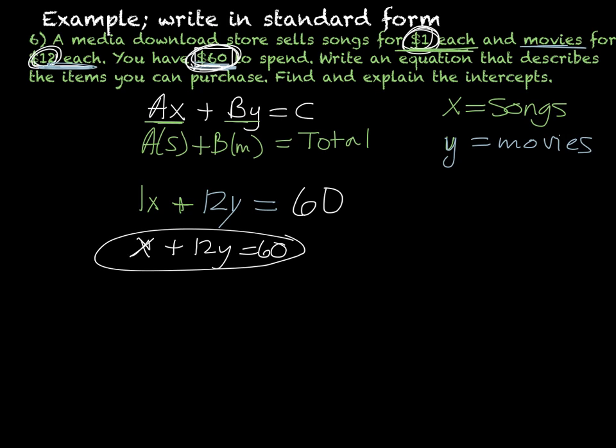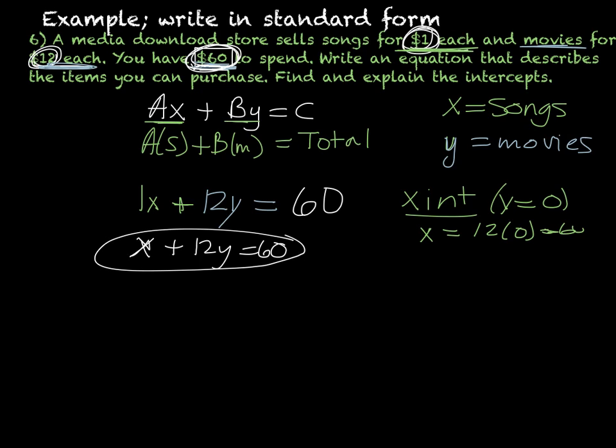So that's the first part. Now I have to explain the intercepts. So first I should find the intercepts. So my x-intercept, if I set y equal to 0, then I have x plus 12 times 0 equals 60.